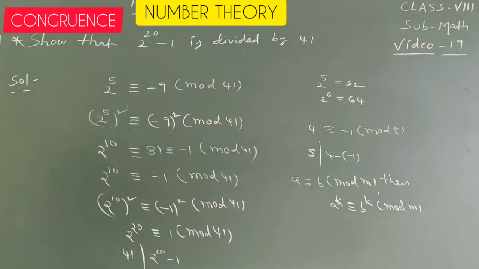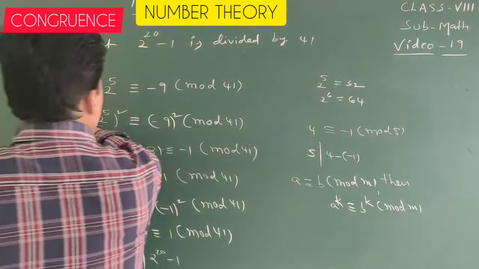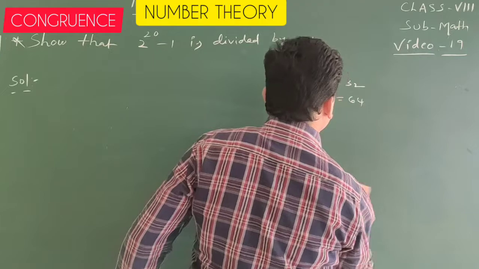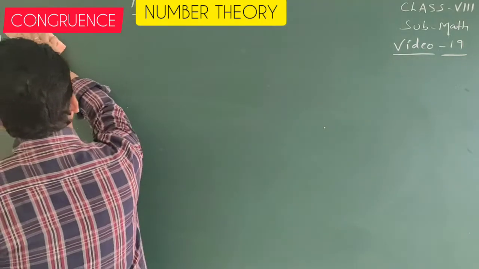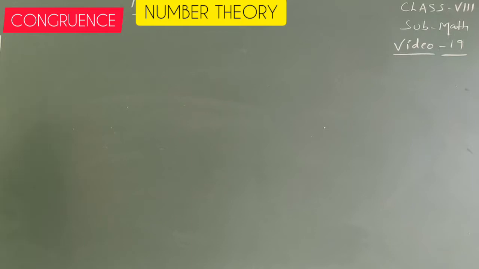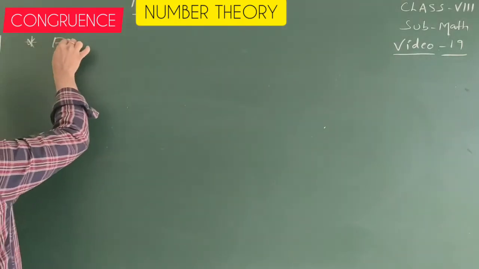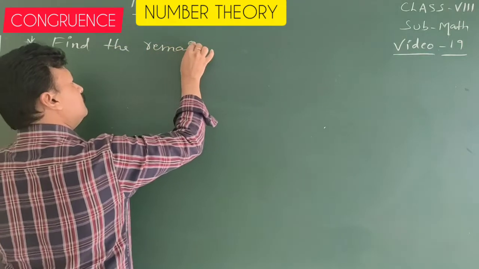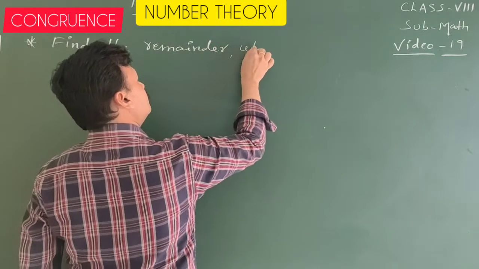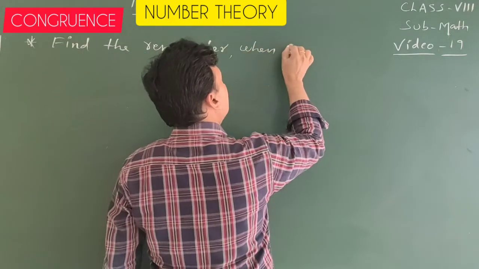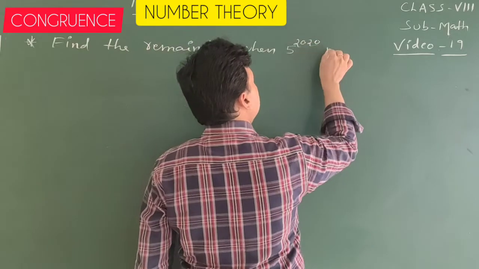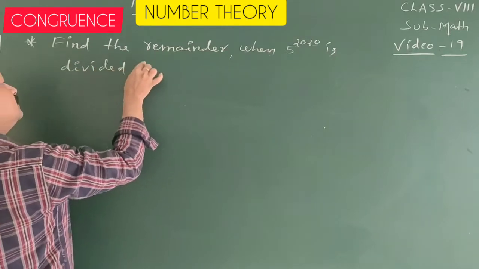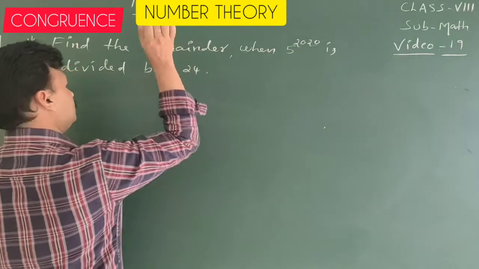Next, find the remainder when 5 power 2020 is divided by 24.